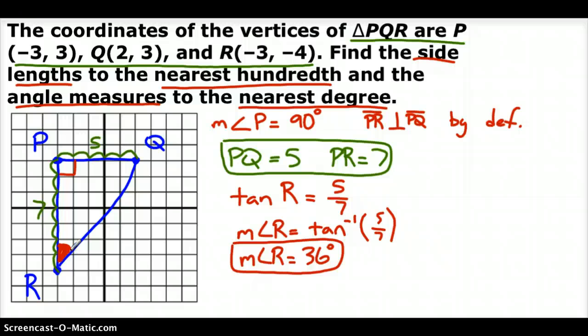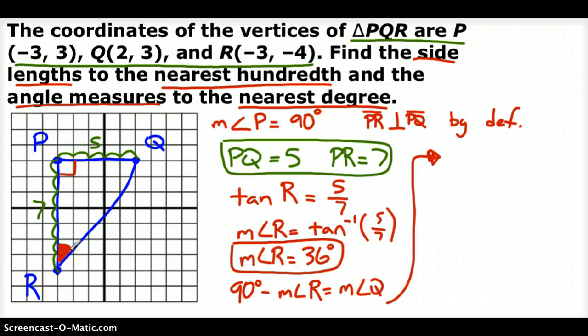So what I can say here is that 90 degrees minus the measure of angle R is going to be equal to the measure of angle Q, right? So again, plug in what we have, right? We'd plug in 90 minus 36, and we could show that work, and we'd end up finding that the measure of angle Q is going to be 54 degrees, okay? If we're rounding, remember. So again, I'll say that the measure of angle Q equals 54 degrees, okay?